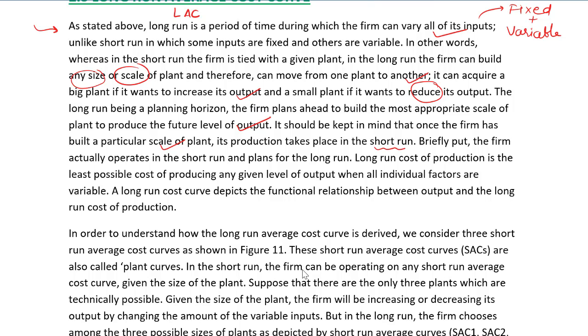Briefly put, the firm actually operates in the short run and plans for the long run. Long run cost of production is the least possible cost of producing any given level of output when all individual factors are variable. So in the long run, all the individual factors are variable. A long run cost curve depicts the functional relationship between output and the long run cost of production.